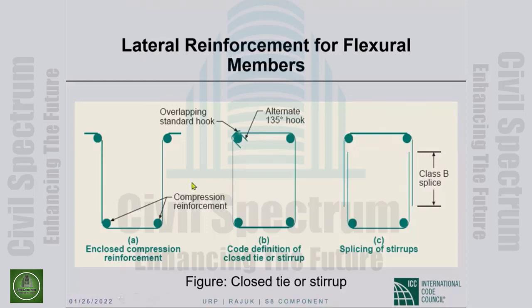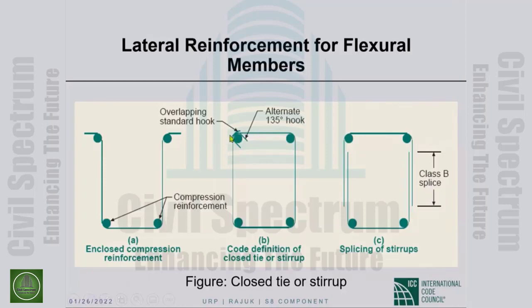Okay? So when there is torsion or it is seismic construction, this is the way we go typically. In seismic, this is not allowed, but for torsion, this can be a solution, although this is not favored because the cover falls off.